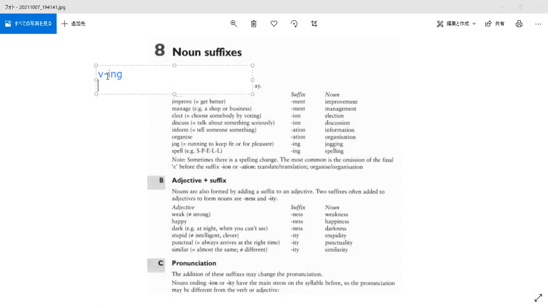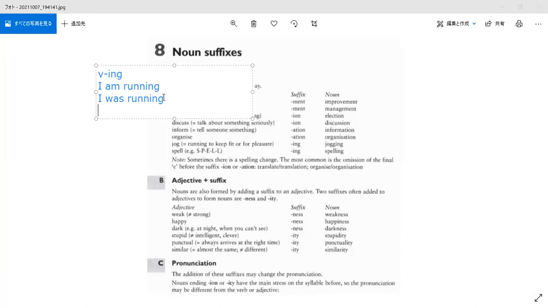Like if it's a present continuous one, I'm running. Run plus verb-ing. Present continuous. If it's past continuous, I was running.